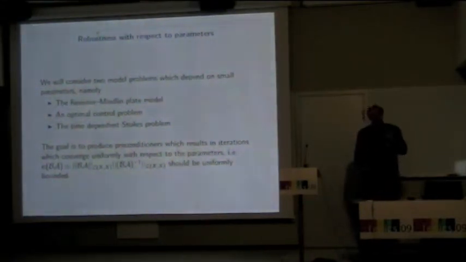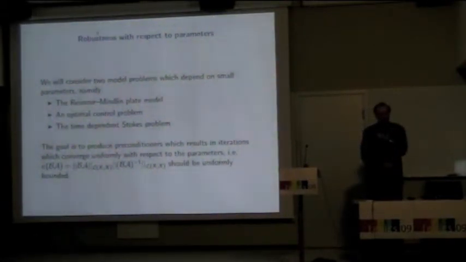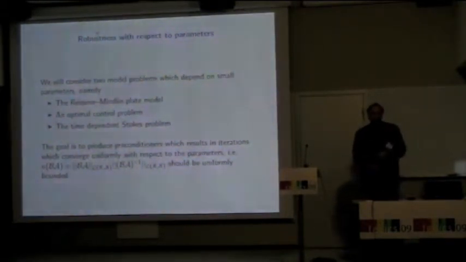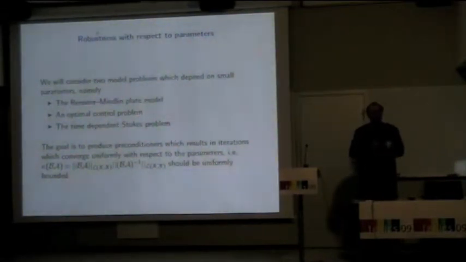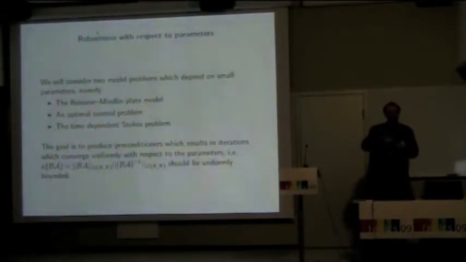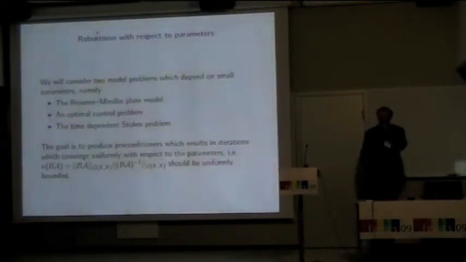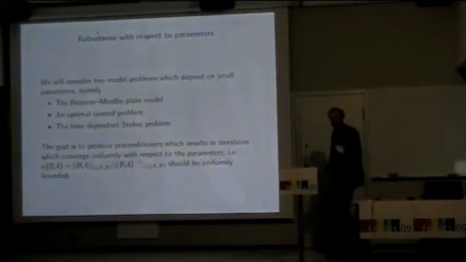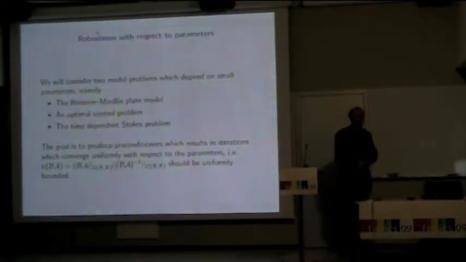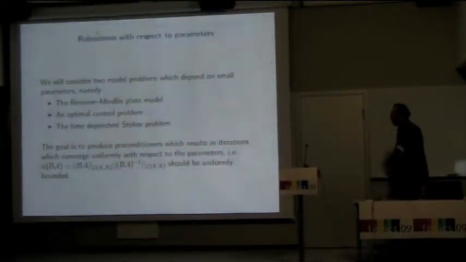This is typically where you have problems with parameters in your coefficient operator A. So let's say there are parameters that can be small or big, and you'd like to design preconditioners that are uniform not only with respect to the mesh, but also with respect to the parameters in the problem. So you have a whole range of problems, and you really want to look at this. This was how we ended up looking at problems this way and found it very convenient.